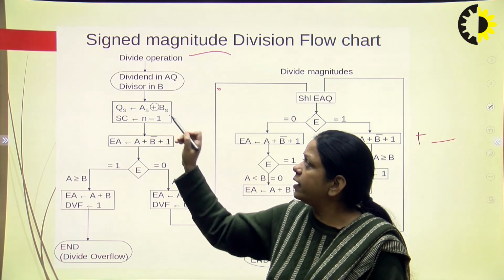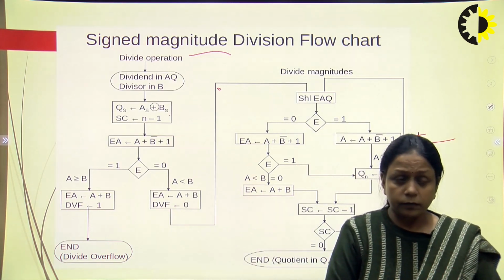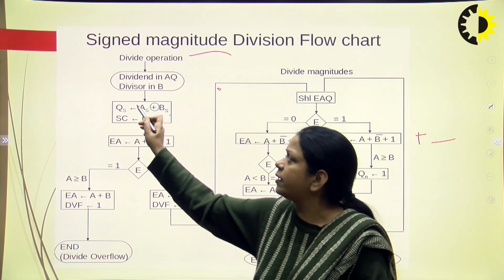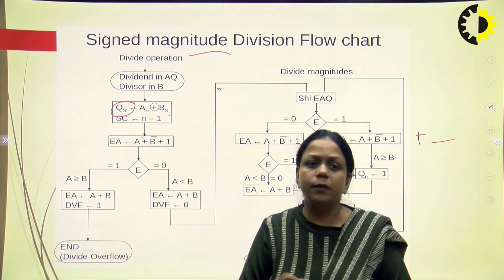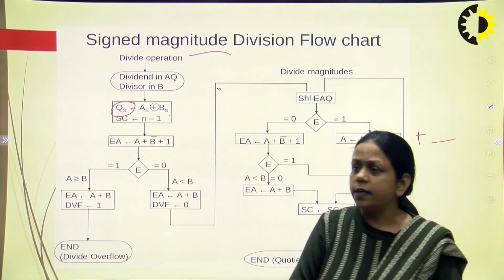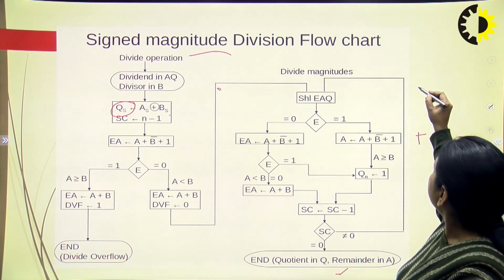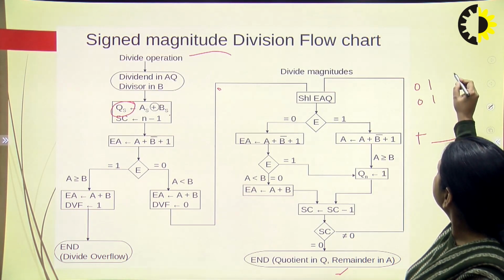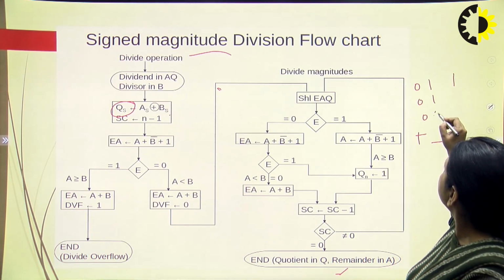And when we XOR these two sign bits, we will have the sign bit of our result. Because for the XOR table, for different bits we will have 1, and for the same bits we will have 0.